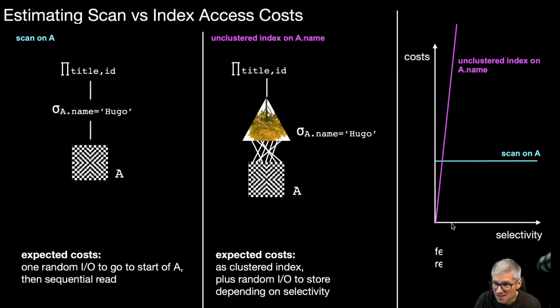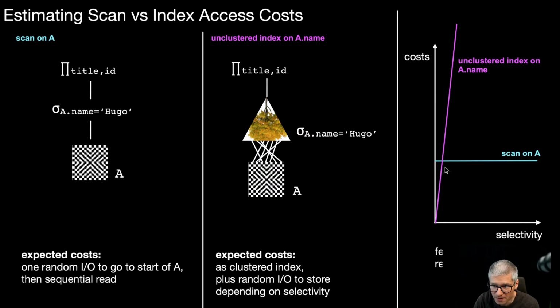So what the x-axis shows here is whether few results qualify or many results qualify. That's called the selectivity. So basically from left to right, more and more tuples qualify. And that is what makes a huge difference in an unclustered index. The more results qualify, the more the costs for using the unclustered index go through the roof.